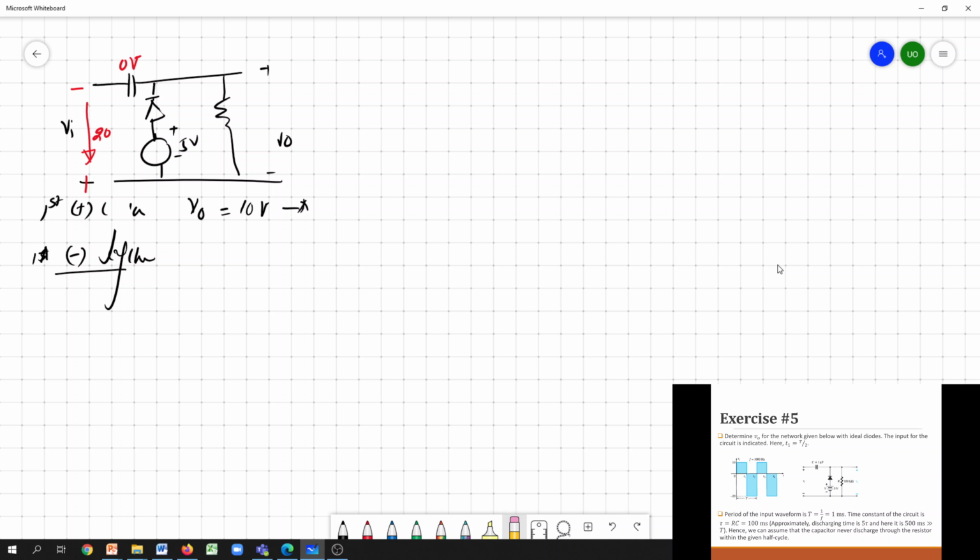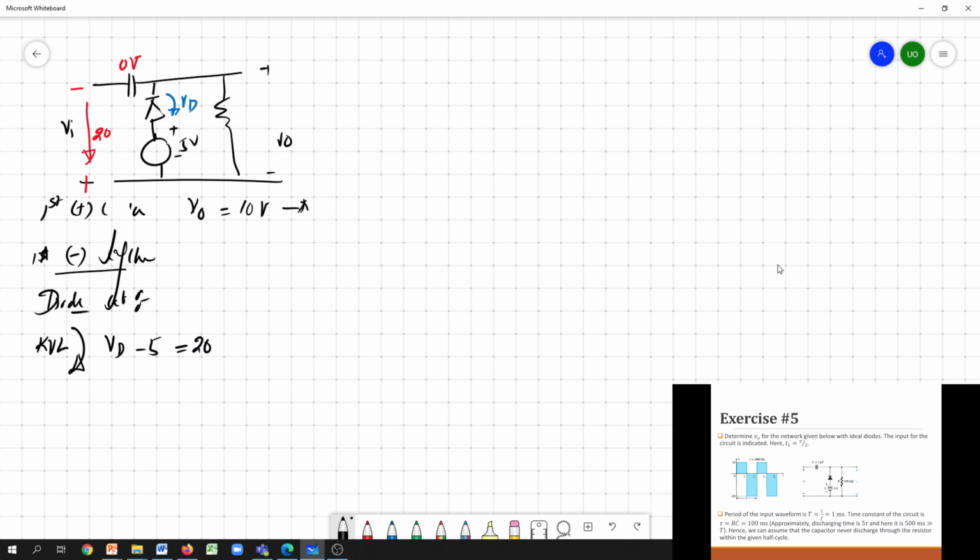So let's analyze the circuit for the first negative cycle. What happens to the circuit? We'll first consider the diode circuit. This is the diode voltage. If you apply Kirchhoff's voltage law, we have Vd minus phi equals 20.